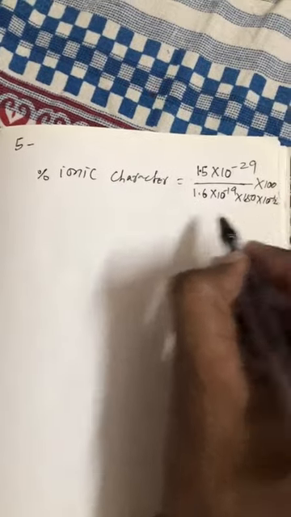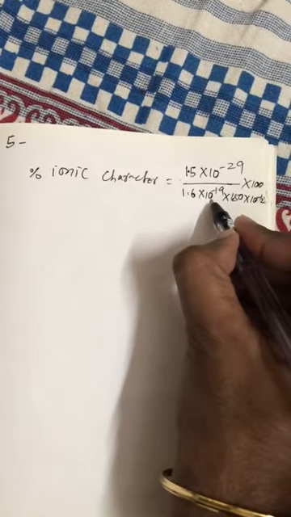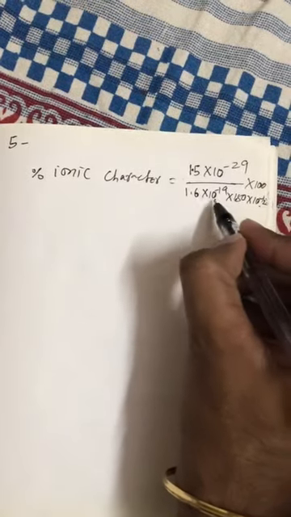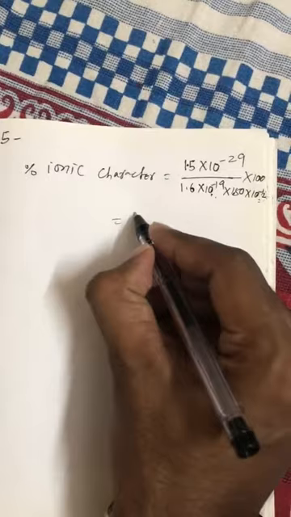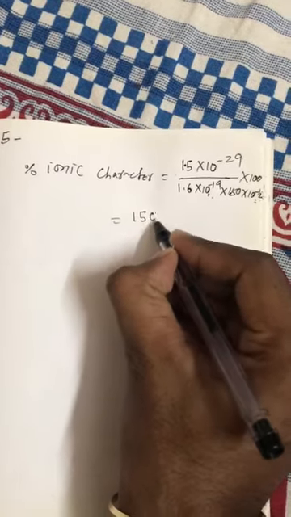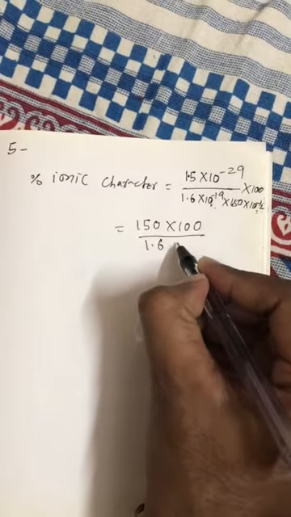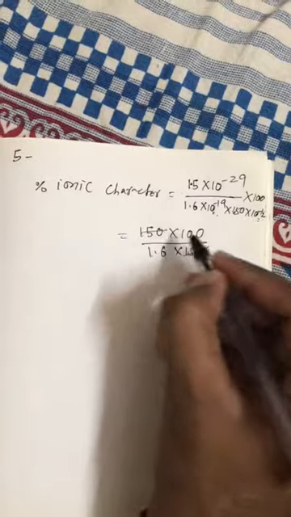Now from here, this is 10 raised to power minus 19, this is 10 raised to power minus 12. So it will give 10 raised to power minus 31. It will go upward. So it will give 150 into 100 divided by 1.6 into 150. So it will get cancelled out.